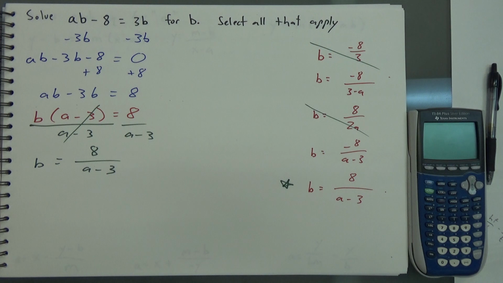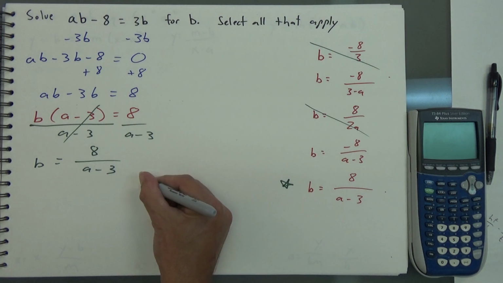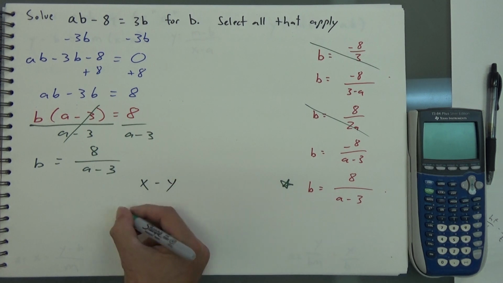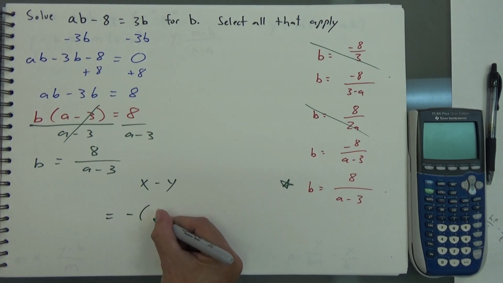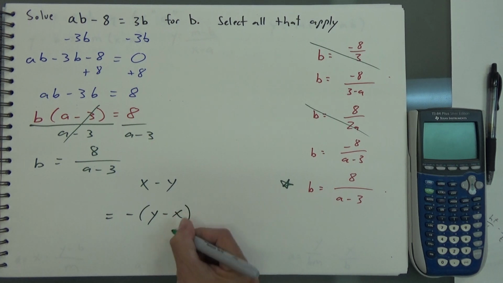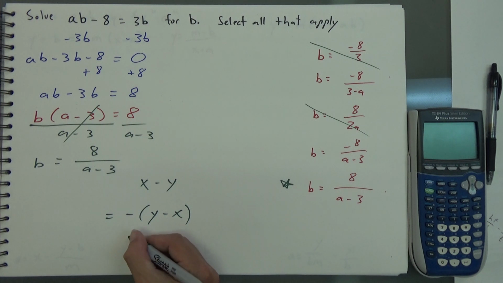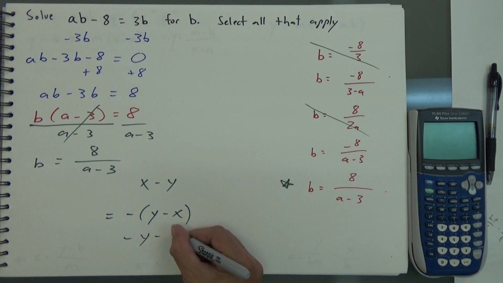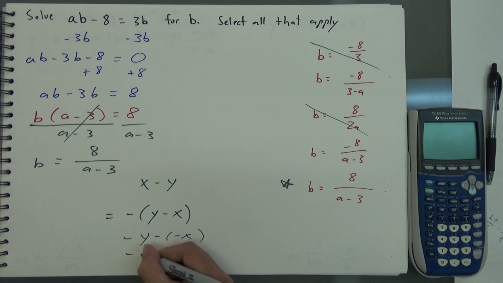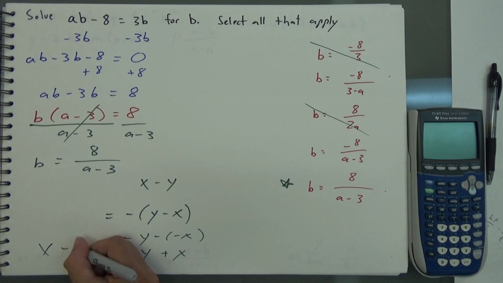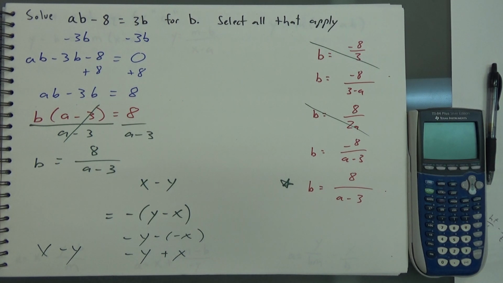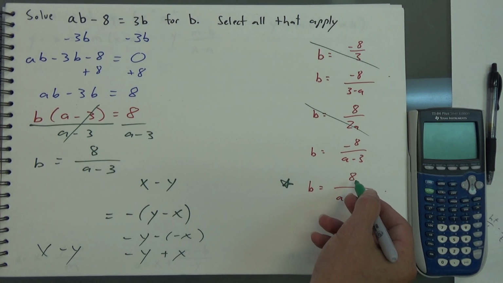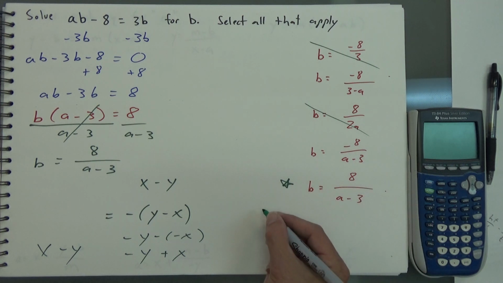And now what's happening is, if I use X and Y, then X minus Y is equal to the opposite of Y minus X, right? If I go back and distribute this, I get negative Y minus negative X, negative Y plus X, which is just X minus Y. So what they're doing is they're saying, well, what happens if I make this numerator negative?